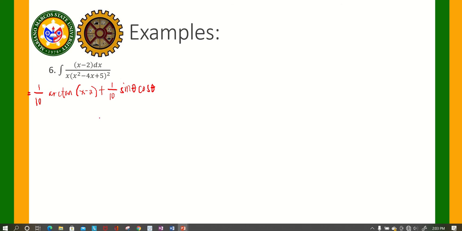Okay, so how do we find values for sine theta and cosine theta? Recall that x minus 2 is equal to tangent theta. So, from our right triangle, if this is theta, the opposite will be x minus 2, the adjacent is 1, TOA.